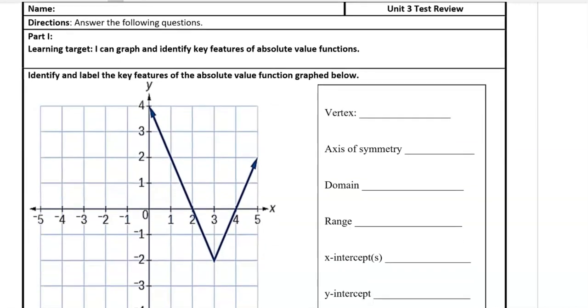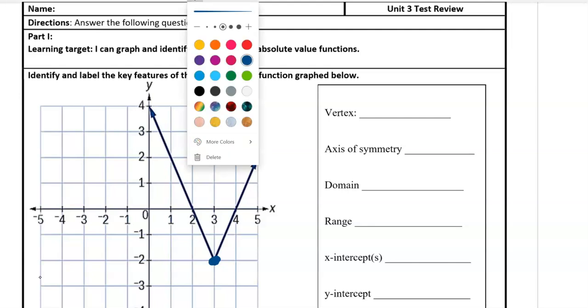Starting with the first section, it asks us to identify and label the key features of the absolute value function graph below. First one is the vertex. Our vertex is always going to be the point on the V shape.